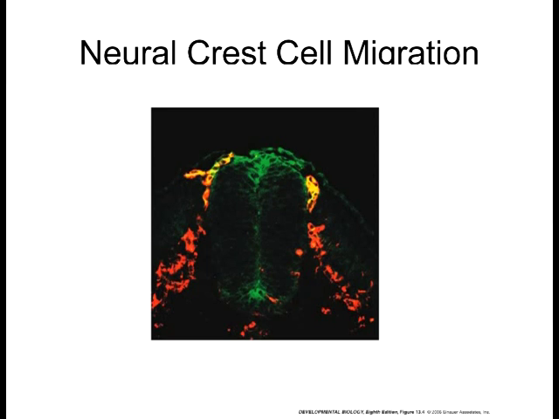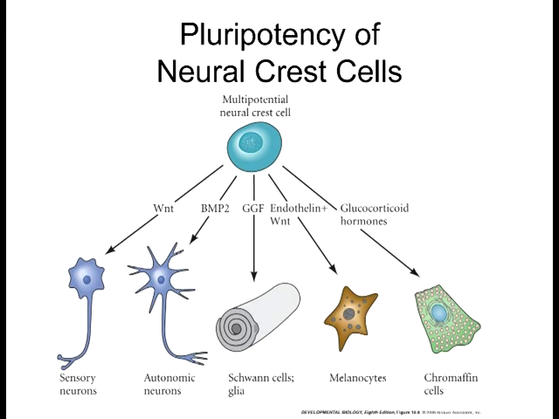adrenal gland cells that are on top of the kidney, whether they become Schwann cells, which are going to myelinate many of the axons projecting from the neural tube, or whether they become sensory neurons themselves. So a lot of the Schwann cells, which are cells that myelinate or surround the axons of the neurons generated by the neural tube, originate from neural crest cells.